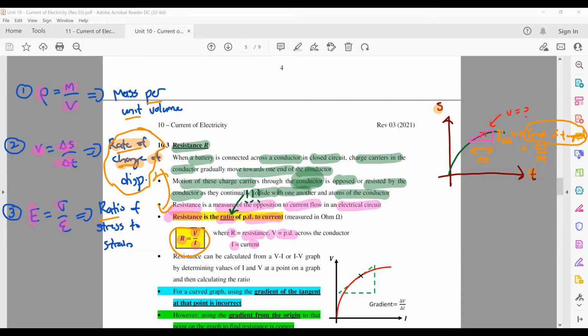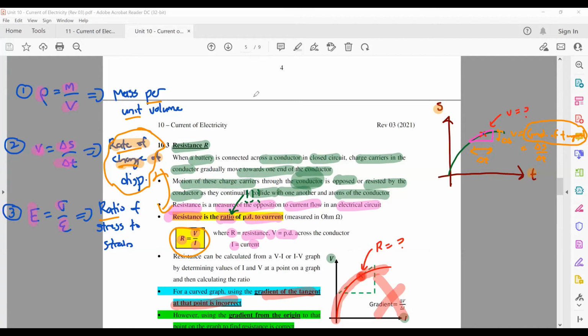So if you were given a graph of PD versus current, like the ones shown here in your notes, and we ask you to find the resistance at this point, you cannot use the gradient of the tangent at that point, because it's not defined as rate of change of PD to current. It's defined instead as the ratio of PD to current.